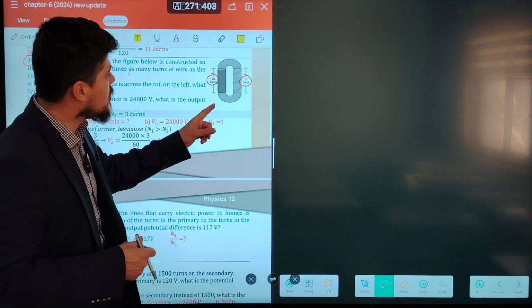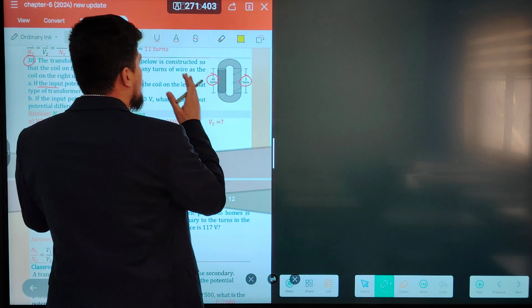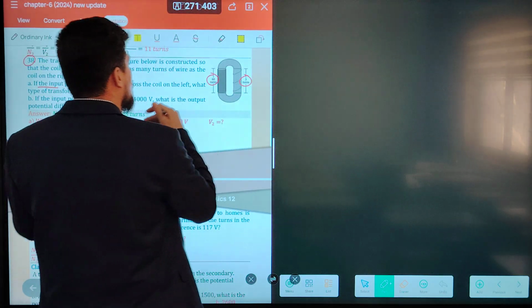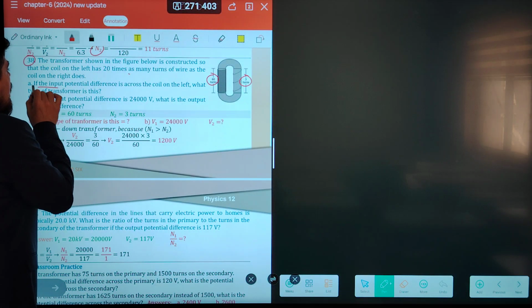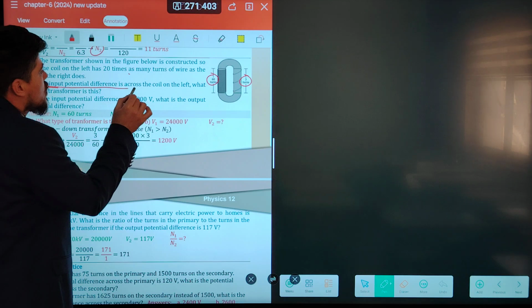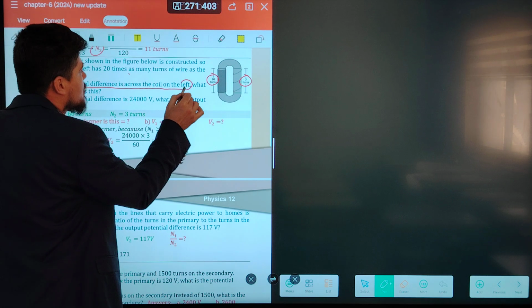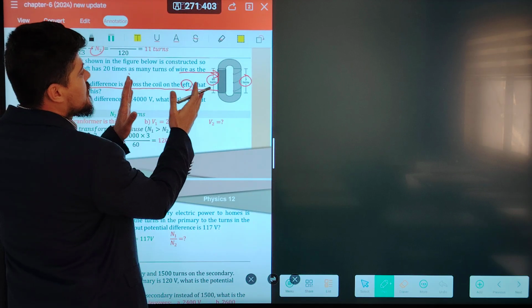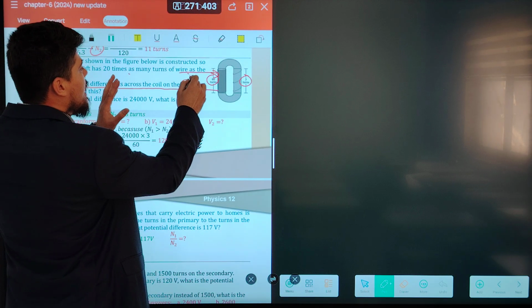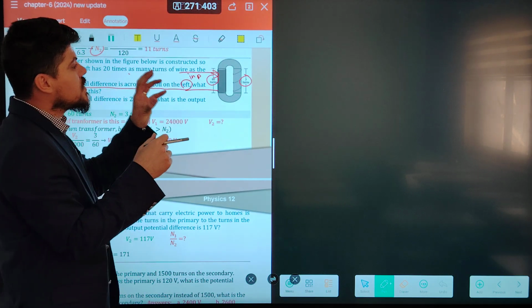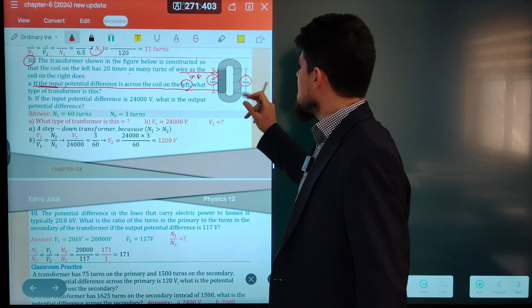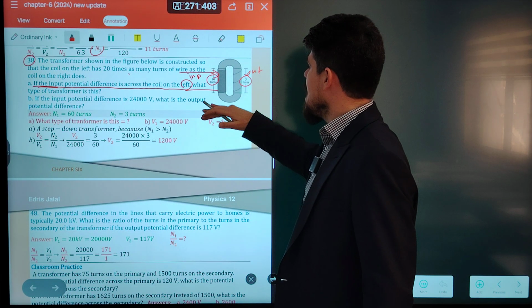If the input potential difference is from left to right, it's going to be step down, but from right to left, it's going to be step up. If the input is on the left, now we know that the input potential difference is across the left coil. If this side is input, this side becomes output.